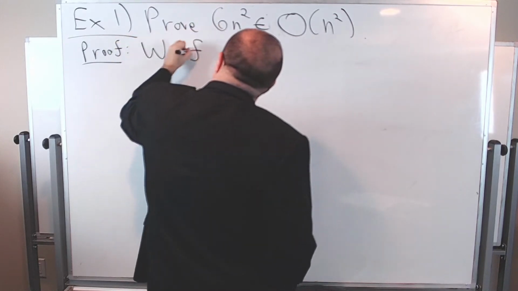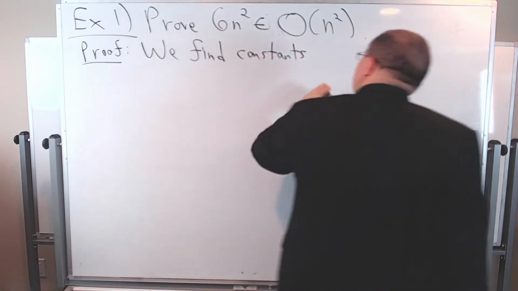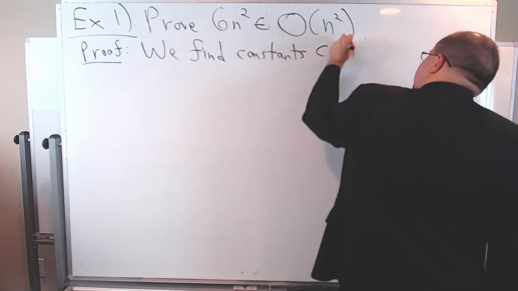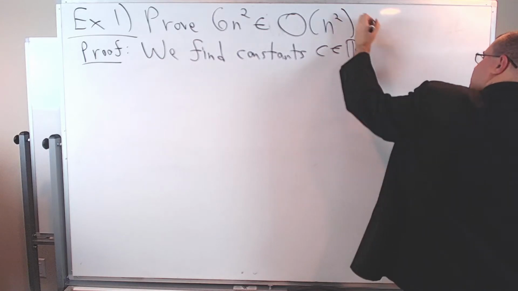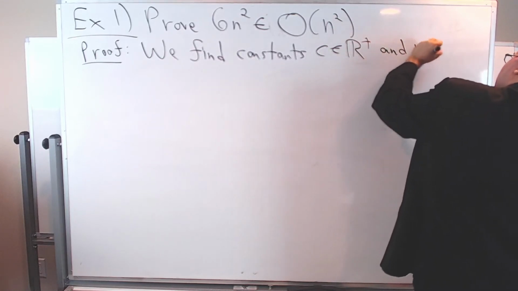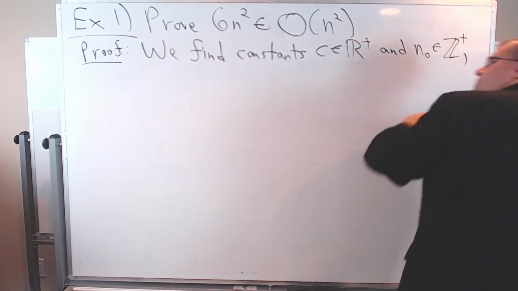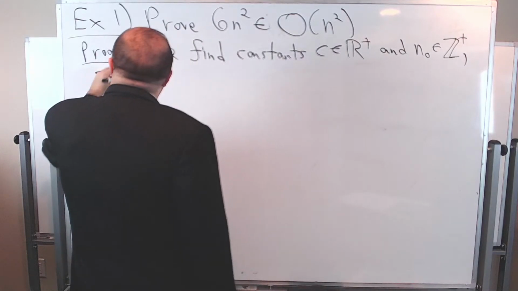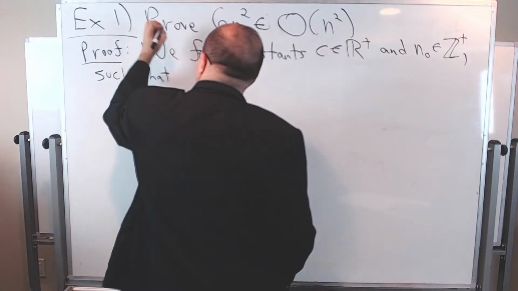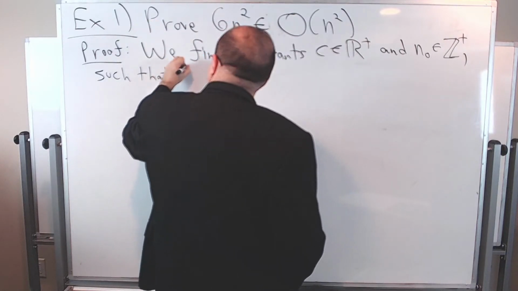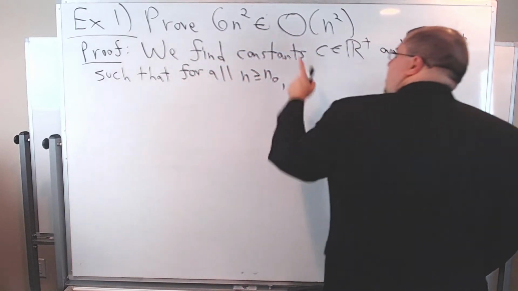So I'm going to say we find constants c, which is a positive real, and n0, which is a positive integer, such that for all n greater or equal to n0, now I'm going to put my functions in.